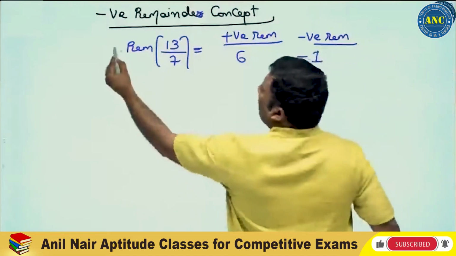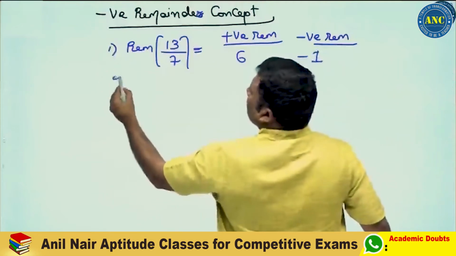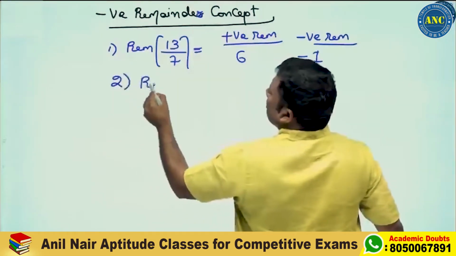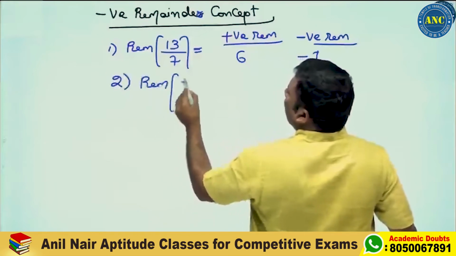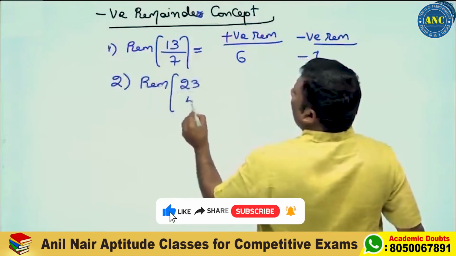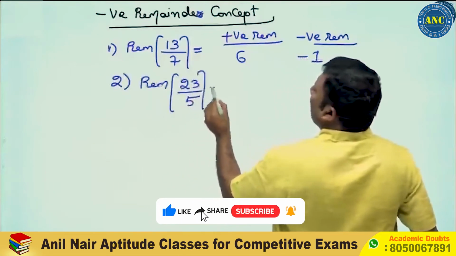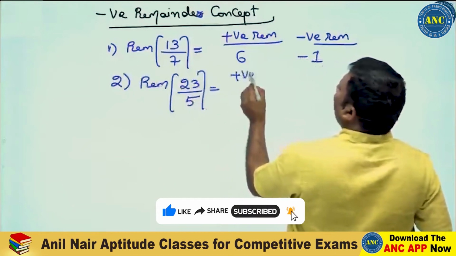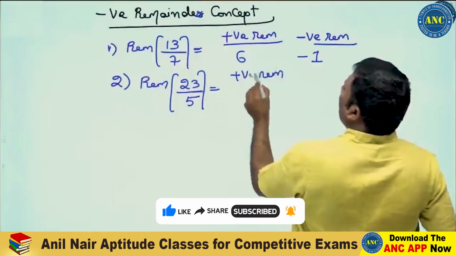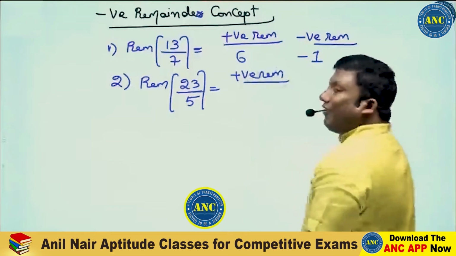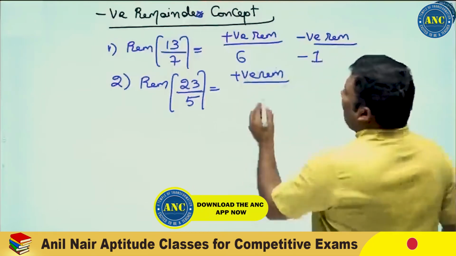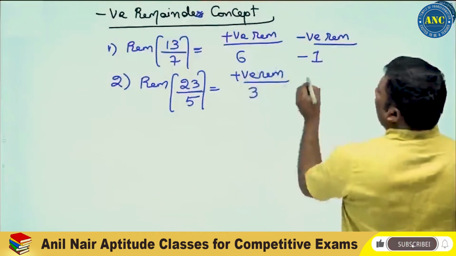One more example. As many examples as possible, we will try to solve. Second example, 23 divided by 5. Positive remainder: 5 fours are 20. What is left over? It is nothing but 3.